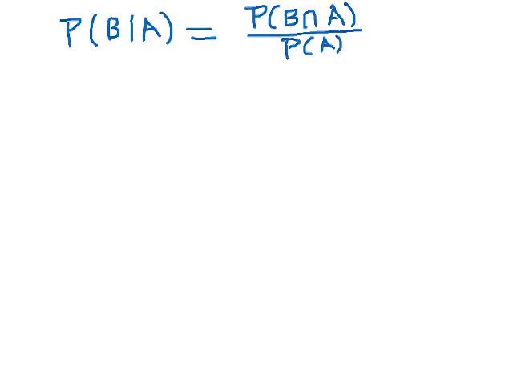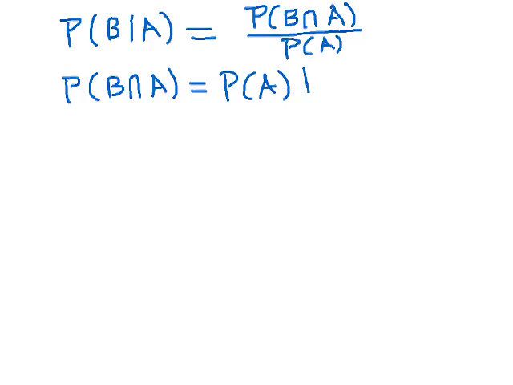And if you unravel that equation by multiplying both sides times probability of A, then what you have is the probability of B intersect A is probability of A multiplied times conditional probability of B given A. And we'll illustrate a use of that fact.